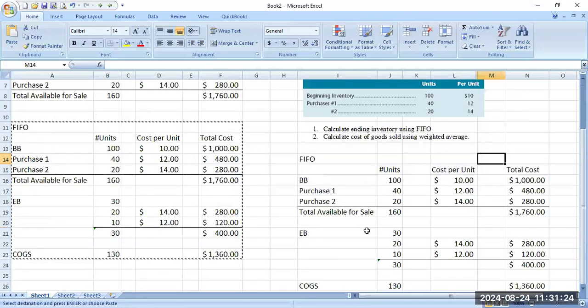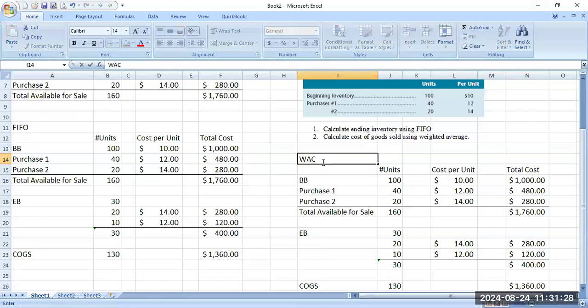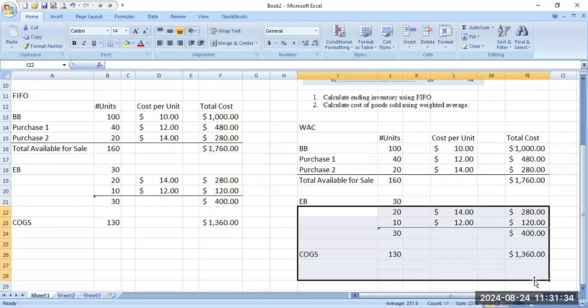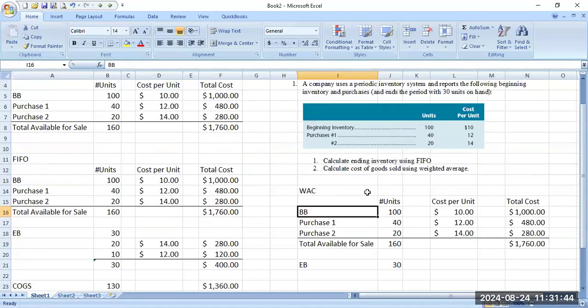Okay, so weighted average. On the weighted average, we have to calculate cost of goods sold. So let's calculate. First, same information. Beginning balance, purchase 1, purchase 2, total available for sale 1,760.